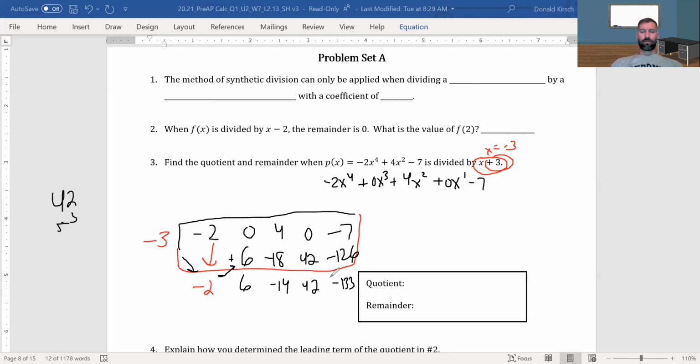Okay, remember what this last number is. This last number is the remainder. The quotient would be our answer. And so I'm not just going to write these numbers down. Remember, these go in order for basically backwards order from smallest to greatest exponents. Remember, when we're dividing, we're really taking out an x.